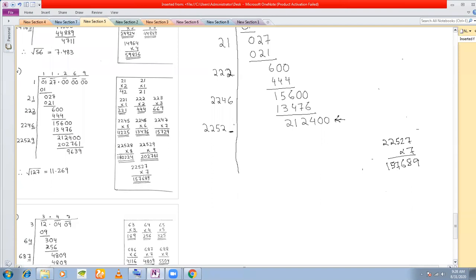We try the digit 8 here. 22528 into 8. We're getting 180,224, which is also less than this. Okay, so we try 9 also.